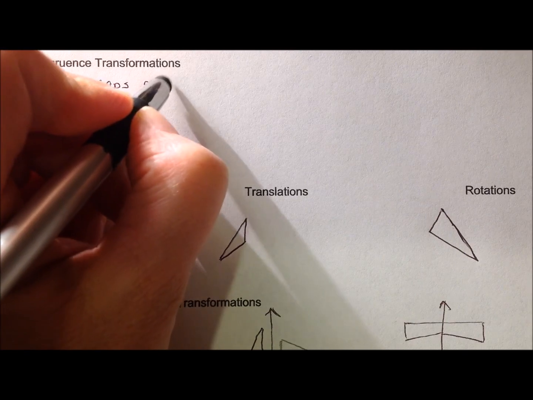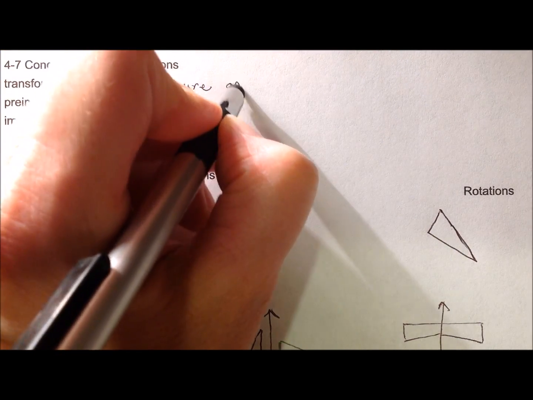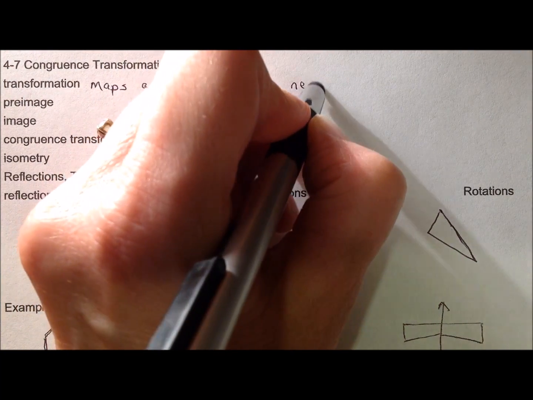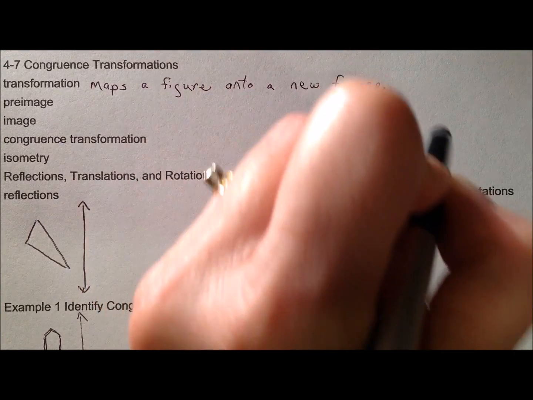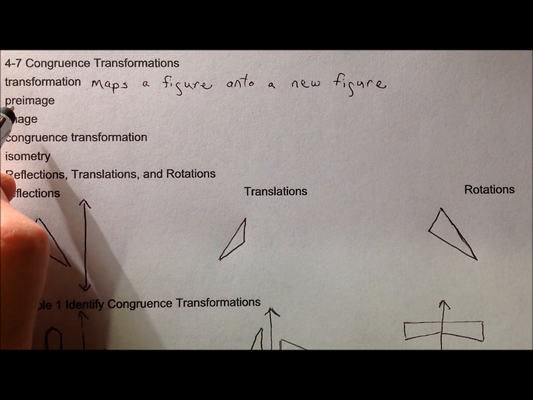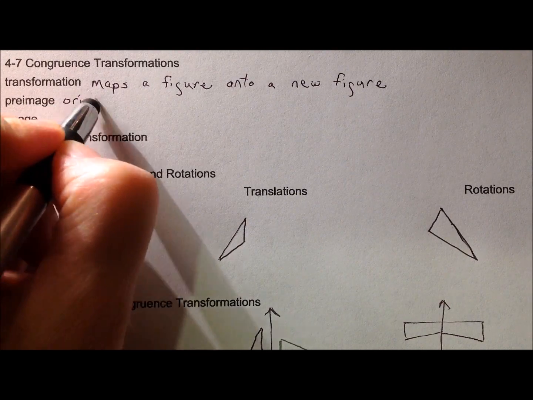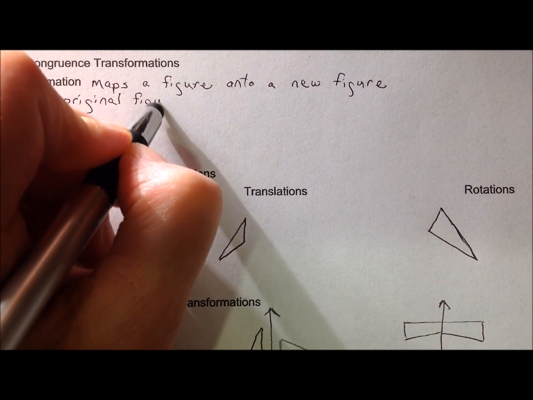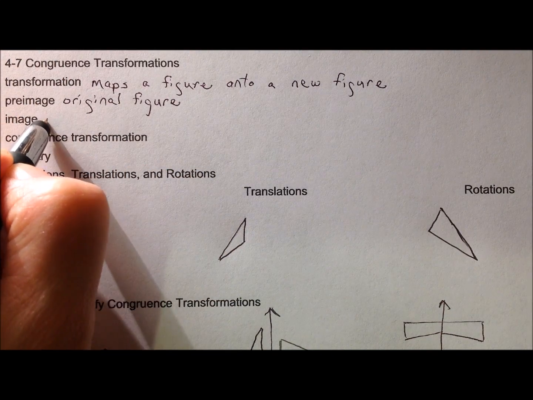We're going to take a look at these in just a minute, but for now, just to get the vocab out of the way, the pre-image is the original figure, and the image is the new figure.